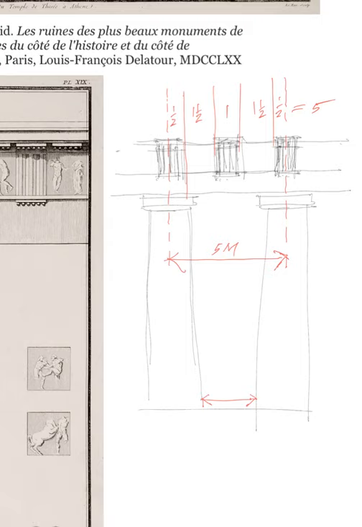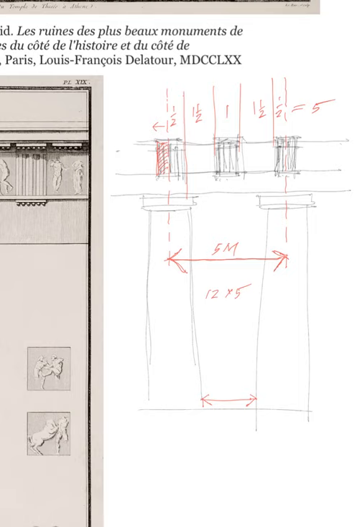There are 13 columns. That would mean that there would be 12 interaxial spaces. So we can say 12 times 5. But we also know that at each corner there would be half a triglyph that juts out beyond the axis of the column.